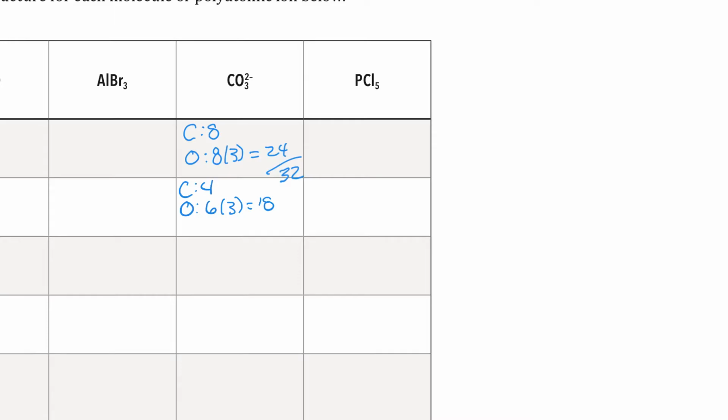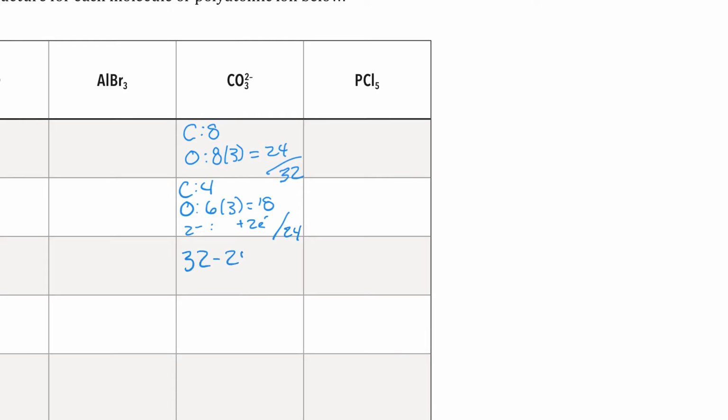And then we've got this 2-, so that means that we're going to add 2 electrons to the tally. So we've got 4 plus 18 plus 2 for a total of 24 for our valence electrons.